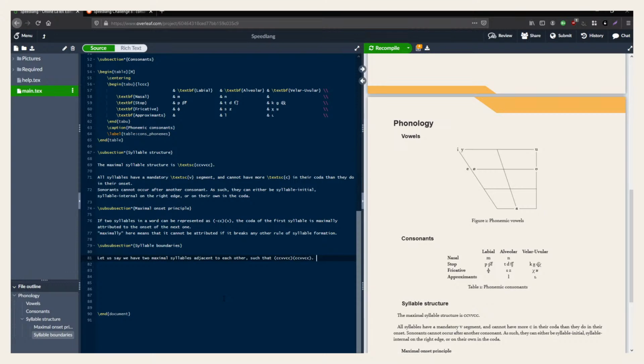I'm going to have some rules for assimilation. Oh yeah, begin itemize. Actually, I'm going to go with enumerate.